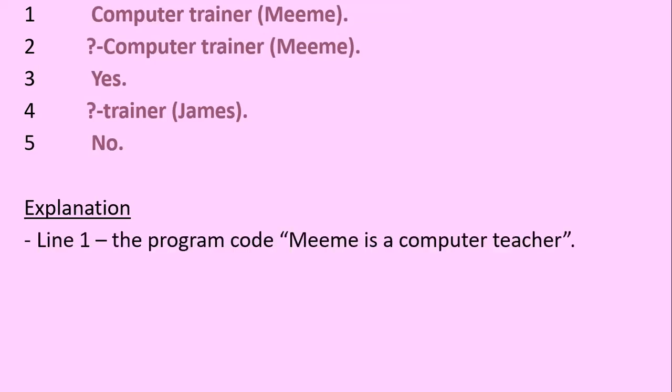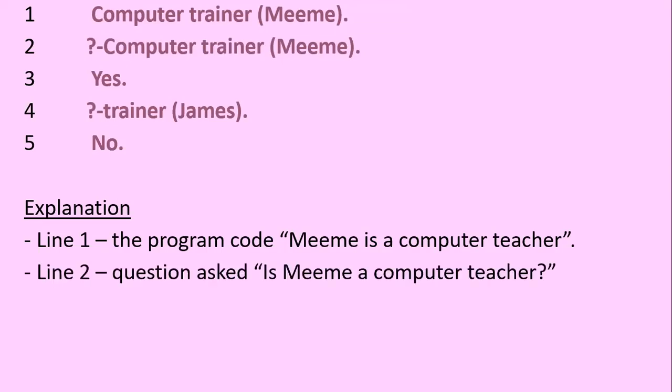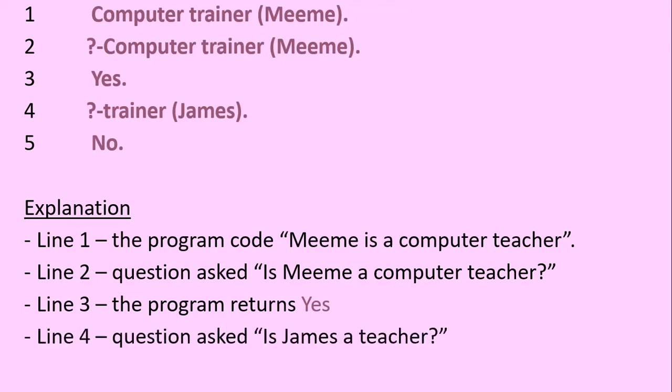Line 1 means that the program code Meme is a computer teacher. Line 2 asks the question, is Meme a computer teacher? Line 3, the program returns yes. Then in line 4, the user asks a question, is James a teacher? And the program returns no.